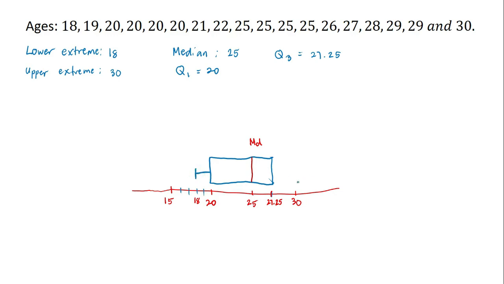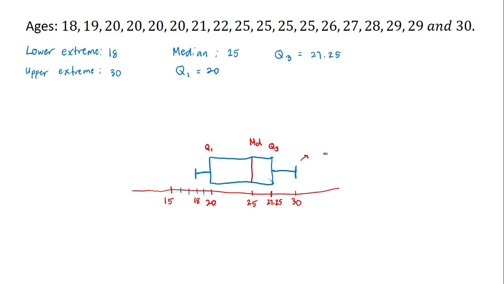Okay, and also we have the upper extreme, 30. Just create a short vertical line and then connect it to the box. So this would be the other whisker on the right part. Now let us label our box and whisker. So again, this is the lower extreme, the smallest value. We have Q sub 1, Q sub 3.